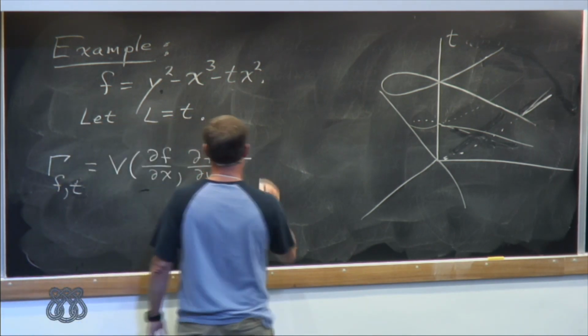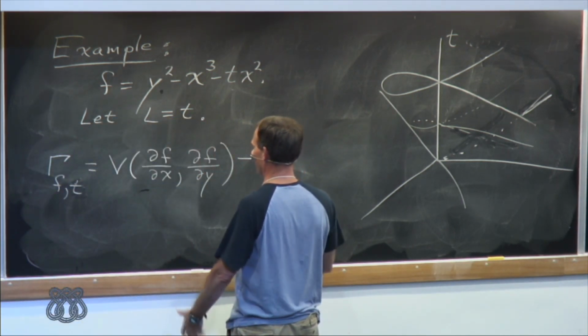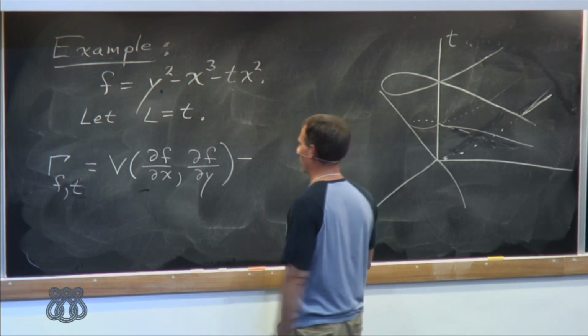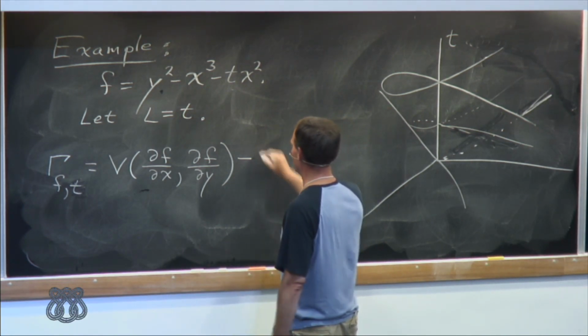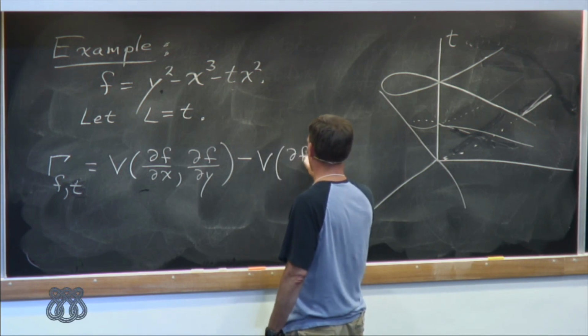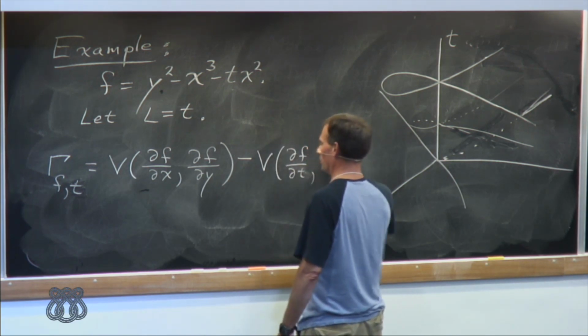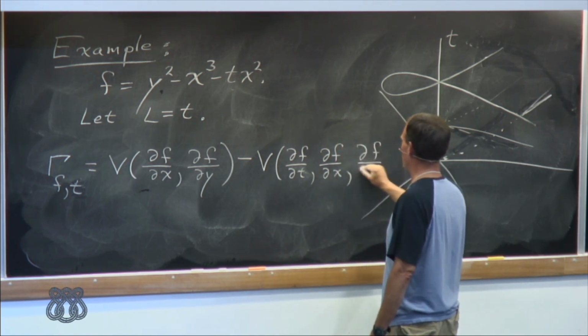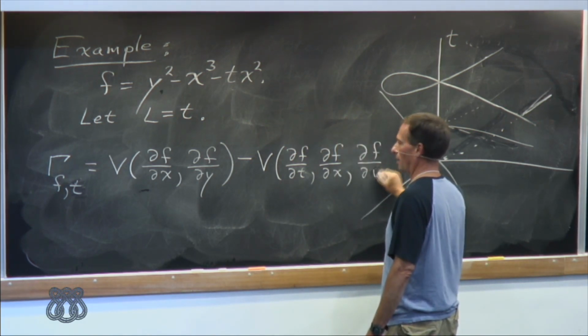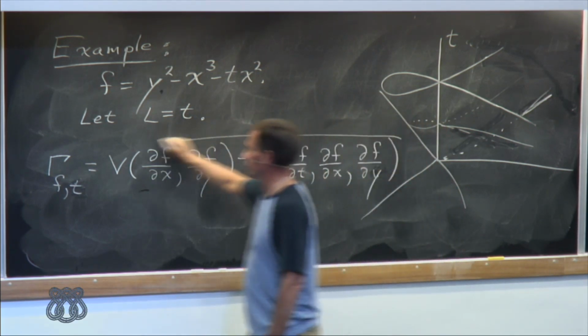You pull out the entire critical locus of f, which will just be the part where the partial derivative with respect to t vanishes, but just so it won't look so mysterious if you're actually writing stuff down, I'll go ahead and write all three of them, and then you close it.